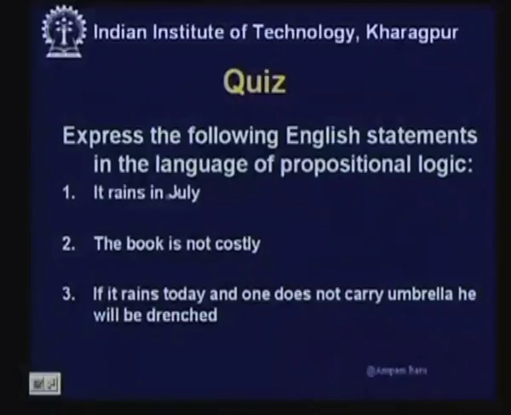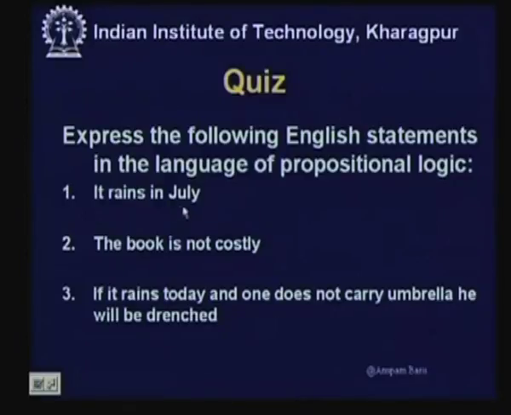In this lecture, we have just introduced you so that you can take it up from here. In the meanwhile, it will be good to have a couple of these exercises done. Express the following English statements in the language of propositional logic. It rains in July. The book is not costly. If it rains today and one does not carry umbrella, he will be drenched.